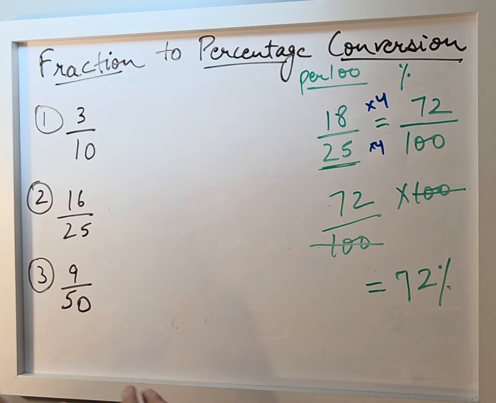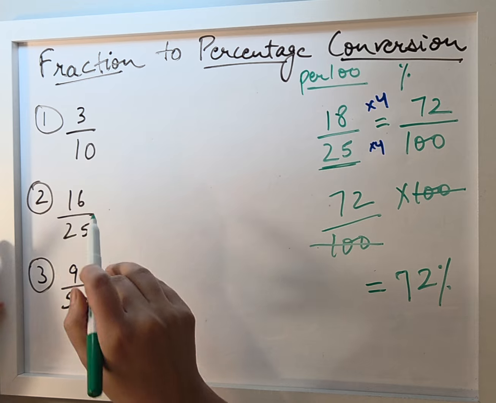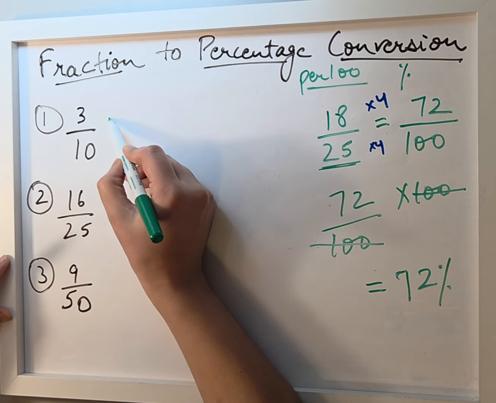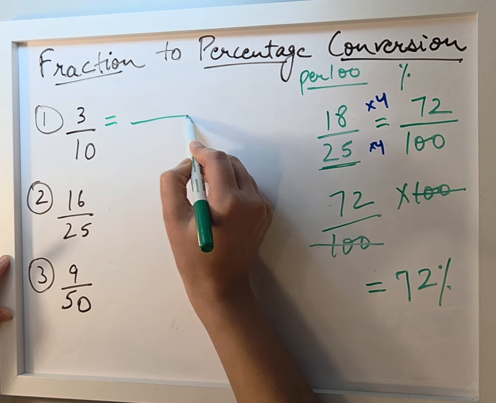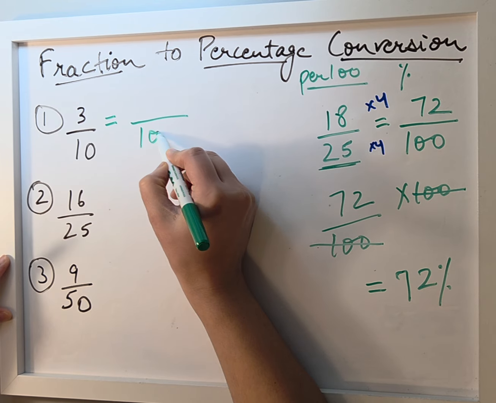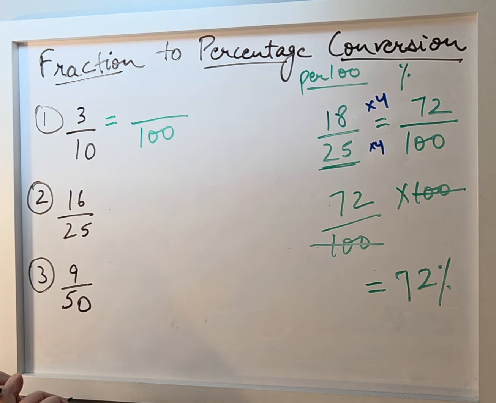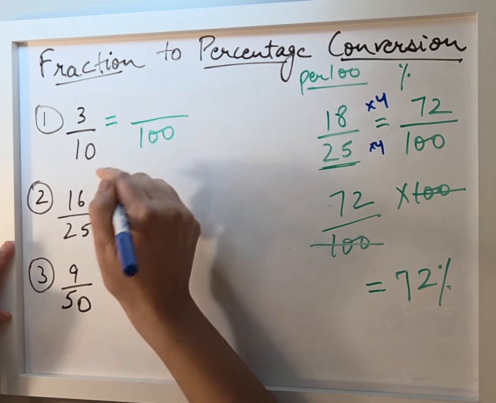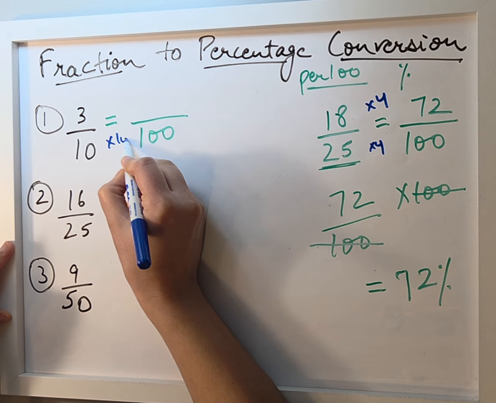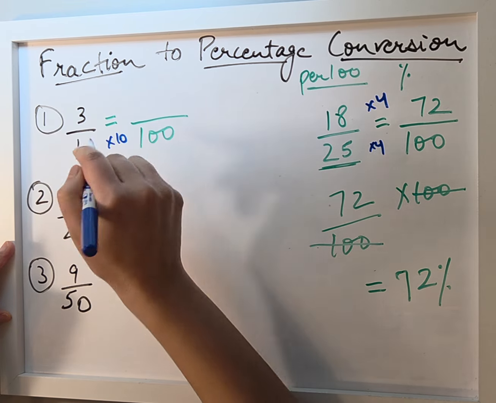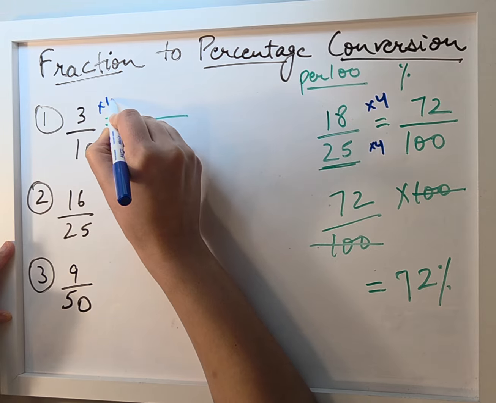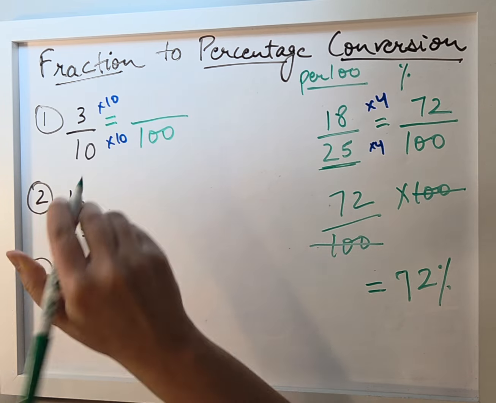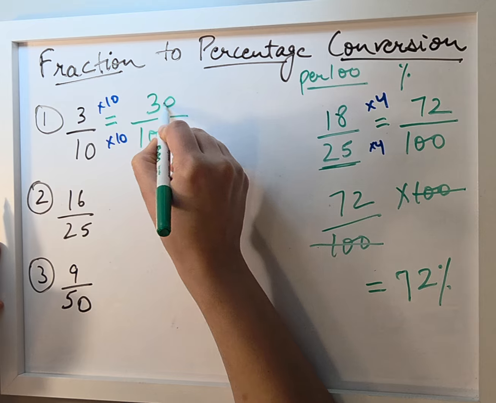Now let's try to understand it more with some examples. Here, what is our end goal? We have to try to make the denominator 100. So what did we do with this? We multiplied 10 into 10 to give us 100. So we multiply the numerator by 10 as well. 3 into 10 is 30.